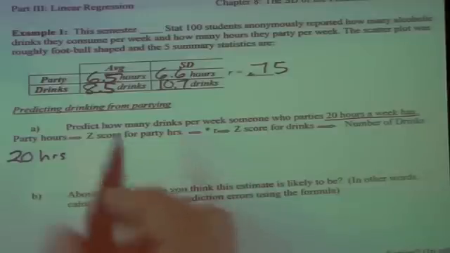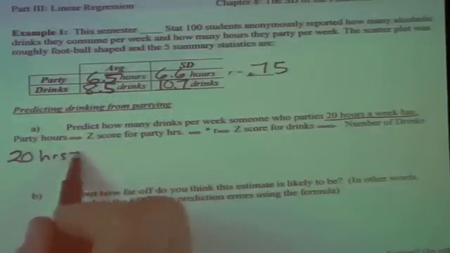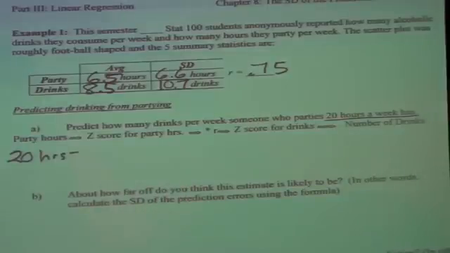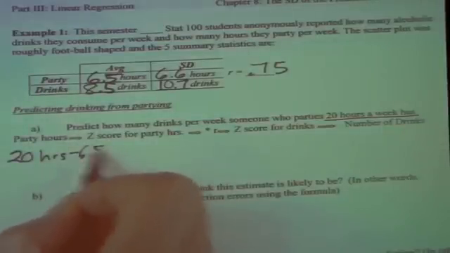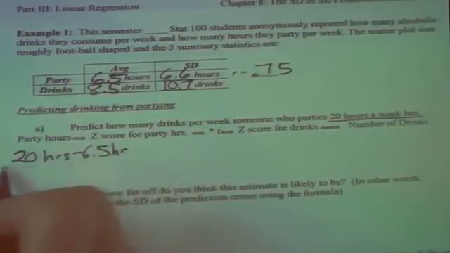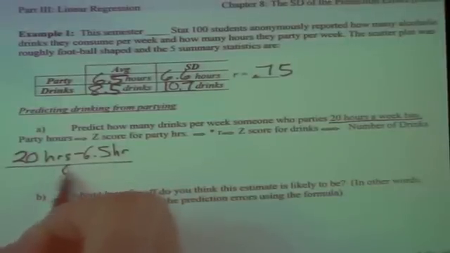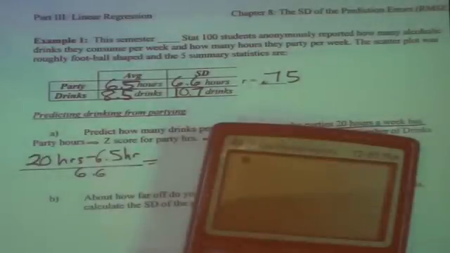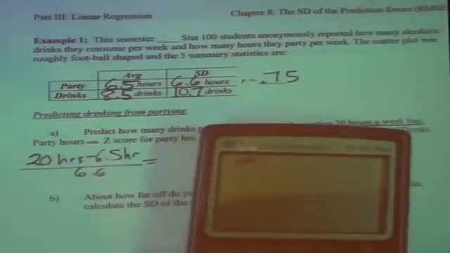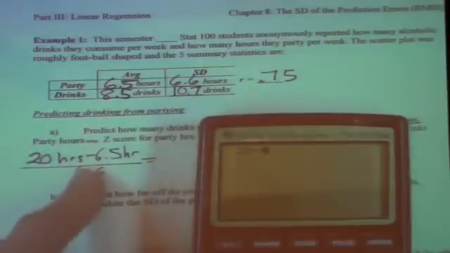I want to get to the z-score, so I say 20 hours minus what? 6.5 hours over what? 6.6. Let's do it together. So we're going to say 20 minus, can you see it?